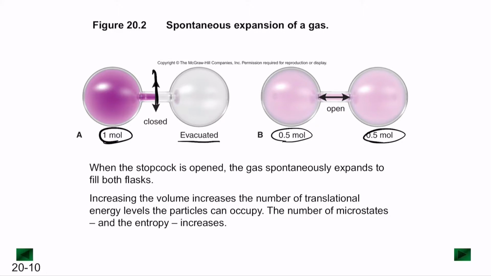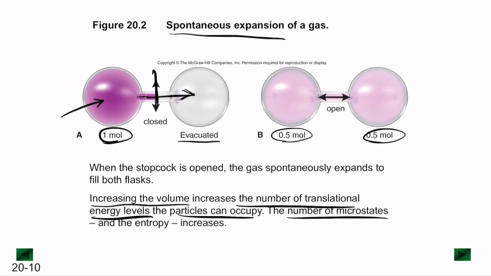This is an expansion process which is spontaneous because there is no requirement of energy for this process to start. You don't need to push the gas from this vessel into the other because the gas moves freely from one vessel to the other. Increasing the volume increases the number of translational energy levels that particles occupy. Therefore, the number of microstates and the entropy will increase.